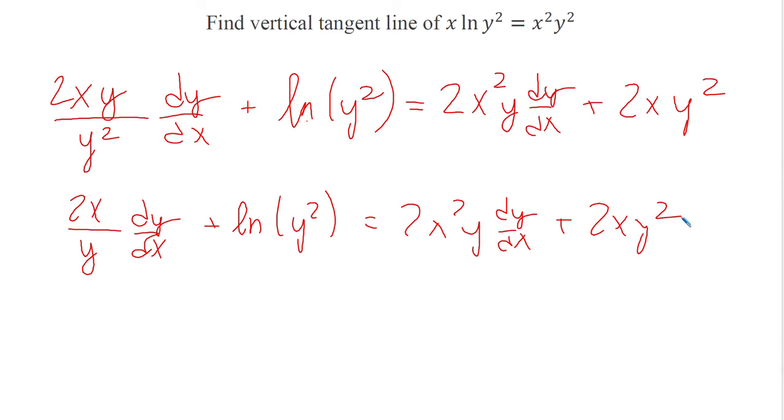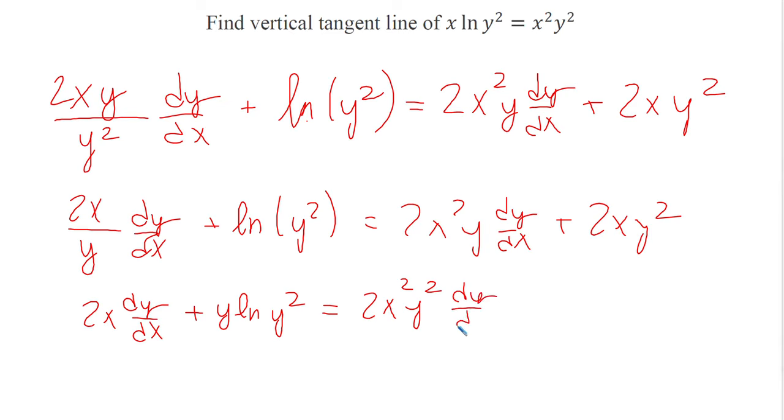And when I multiply this all out with the y there, we're going to end up with 2x dy dx plus y ln y squared equals 2x squared y squared dy dx plus 2x y cubed.